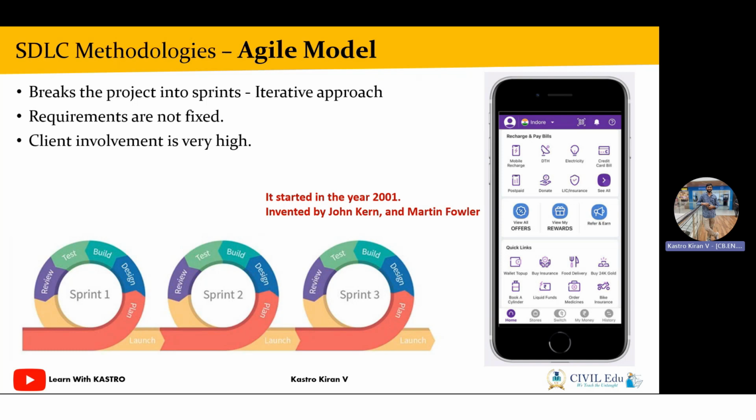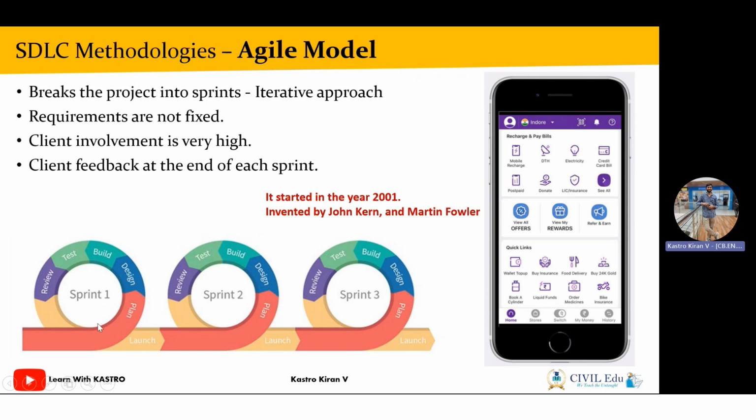And the other main advantage of working with the agile model is that feedback is available at the end of each sprint. Suppose, let's say in sprint 1, a mobile recharge related page is developed. Once the mobile recharge page is developed and launched, the client can see the output of only the mobile recharge page, and then the client will give the feedback.